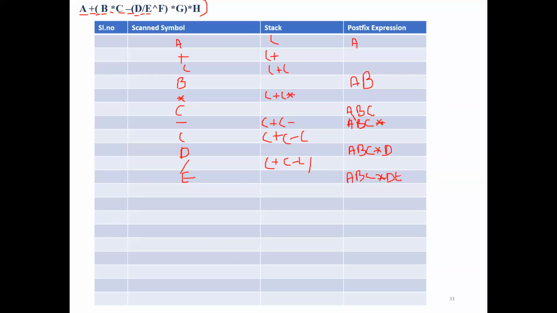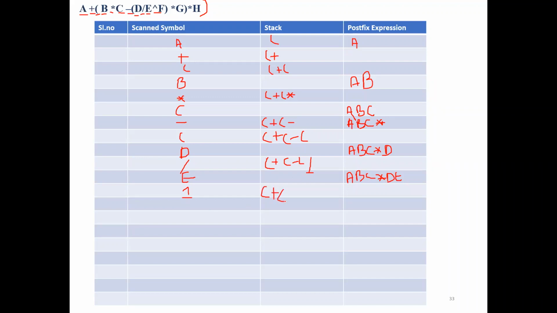What is the next symbol scanned? It is an exponential operator. So what we have to do? The incoming operator is an exponential operator, and the top of the stack is a division operator, which is having less precedence. Exponential has higher precedence, so what we have to do?